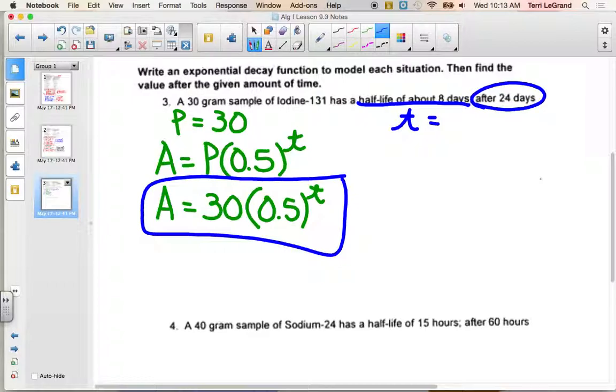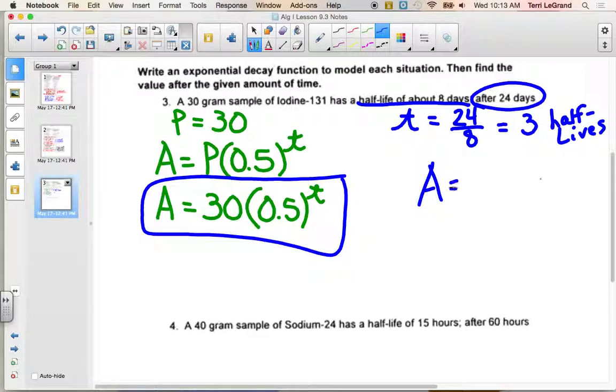So what do we have to do? We take 24 and divide it by 8 to see how many half-lives it went through in that amount of time. What would it go through? 3. So it would go through 3 half-lives. That's our T value.